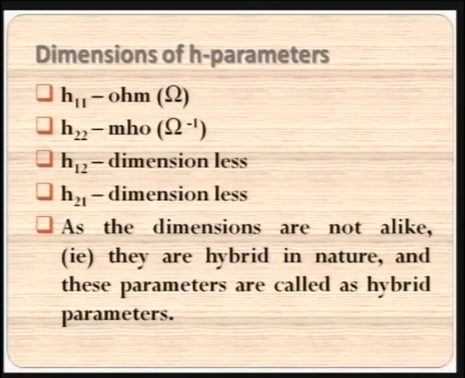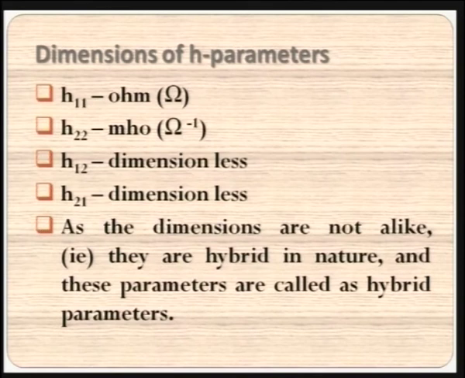appearing in H parameter. Let us now see the dimensions or the units of these parameters. H11 is in ohm, H22 is in ohm inverse, which is called mho. H12 is a dimensionless quantity, which is the voltage ratio. H21 is again a dimensionless quantity, which is the current ratio.